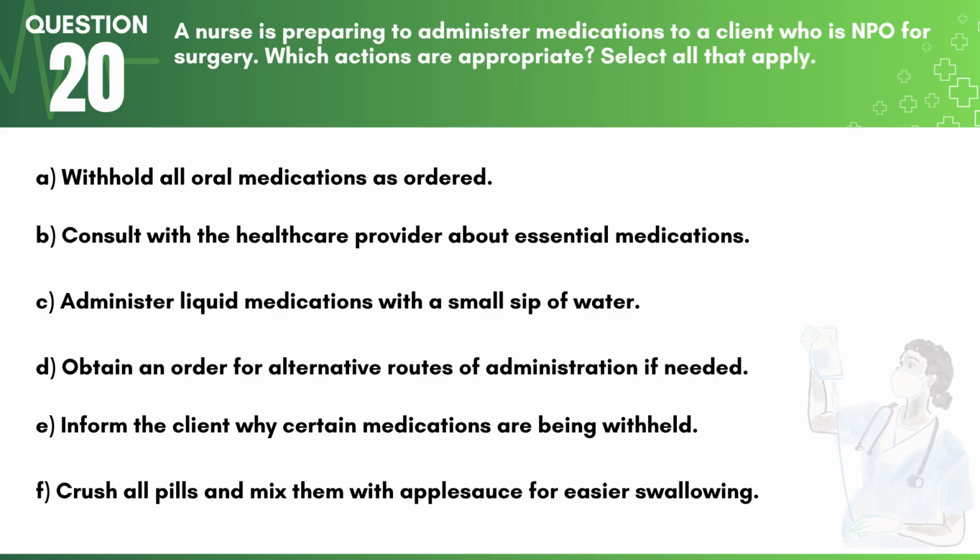C. Administer liquid medications with a small sip of water. D. Obtain an order for alternative routes of administration if needed. E. Inform the client why certain medications are being withheld. F. Crush all pills and mix them with applesauce for easier swallowing.